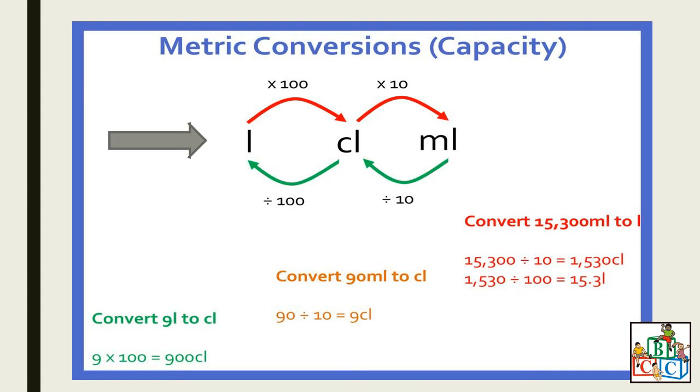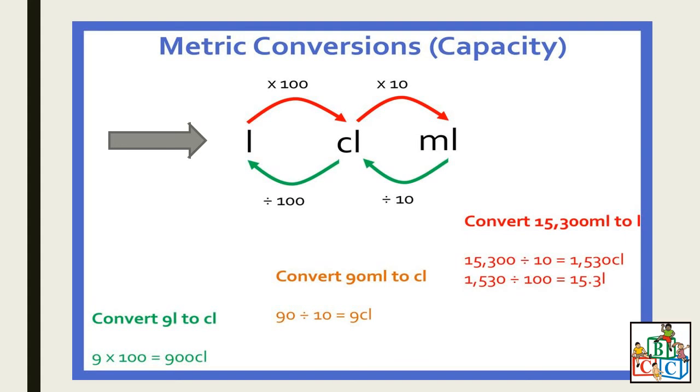Here, the green arrow indicates you have to divide by 100. Centiliter to liter, you have to divide by 100. Milliliters to centiliters, you have to divide by 10. 1 centiliter, 10 milliliters. 1 milliliter is equal to divided by 10.